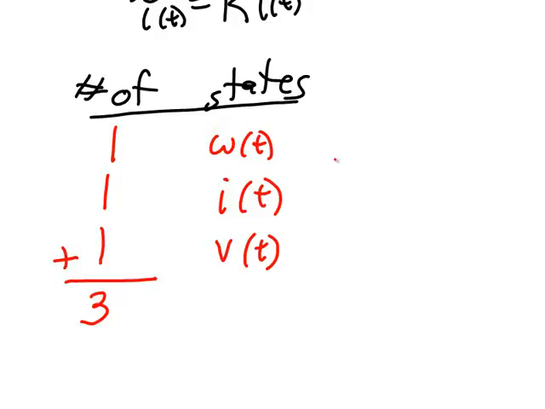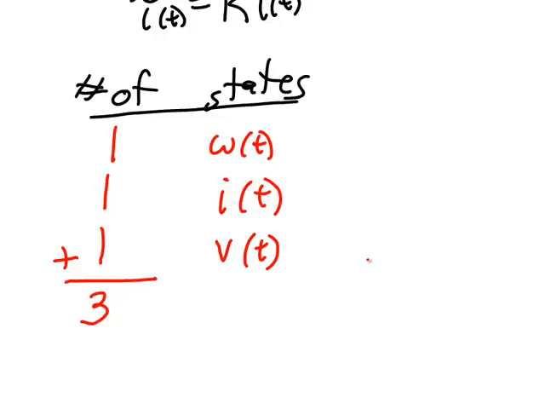That means that we need to have a state for omega, but we do not need a state for omega dot. Same thing with current and velocity. We have current and current dot. I don't need the highest order derivative, so I just need one state for current. And for the velocity, I have velocity and velocity dot. That means that I need one state for velocity, but not for velocity dot.